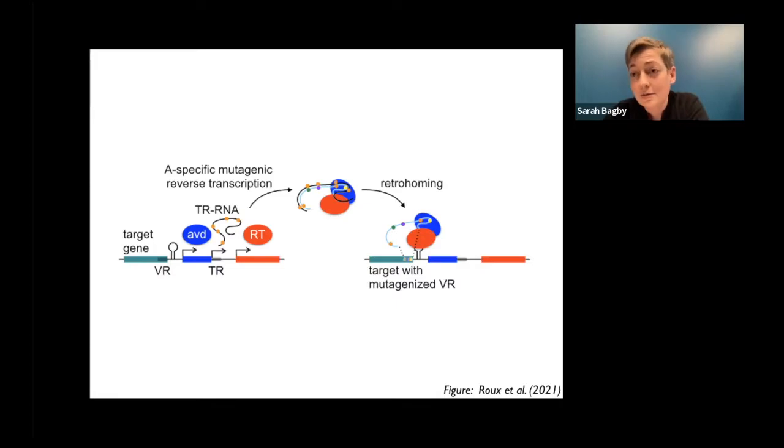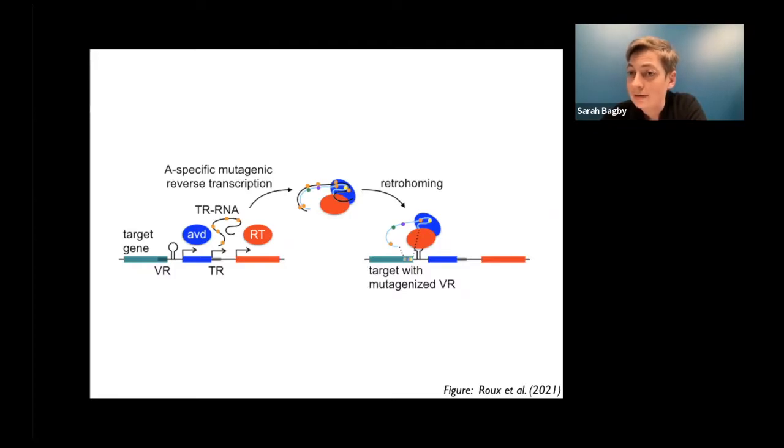The way these systems work is that when the cell decides that it's time to diversify the target gene, it transcribes this little section here that's marked TR, or template repeat. So it makes an RNA, and the reverse transcriptase uses this RNA as its template and makes a DNA molecule on that basis.